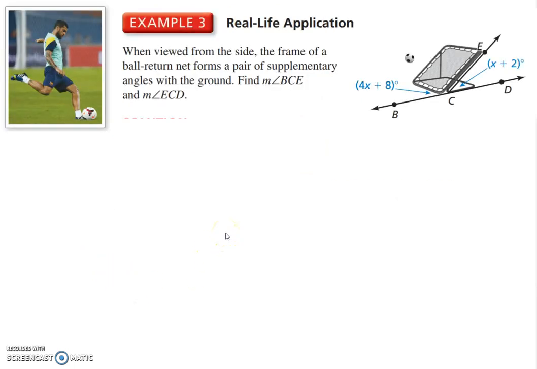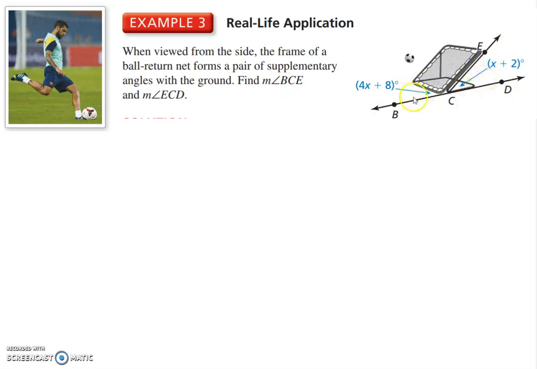Alright, here's our soccer example. When viewed from the side, the frame of a ball return net forms a pair of supplementary angles. Remember, supplementary is the straight angle, adds up to 180 degrees. So it says find the measure of angle BCE and the measure of angle ECD.